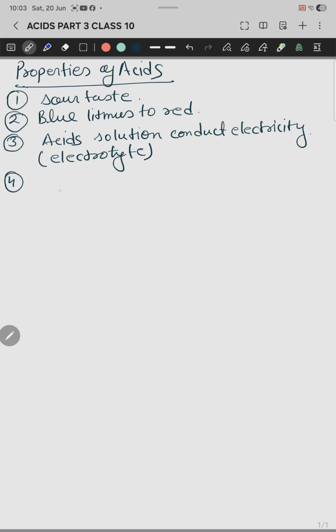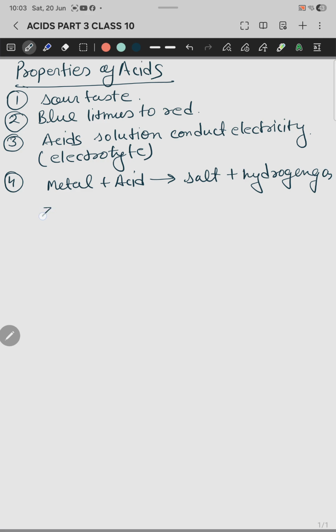Now the fourth property: when a metal reacts with an acid, it gives out salt plus hydrogen. This is actually a chemical property. Hydrogen gas. So any metal when it reacts with acid gives you a salt plus hydrogen gas.